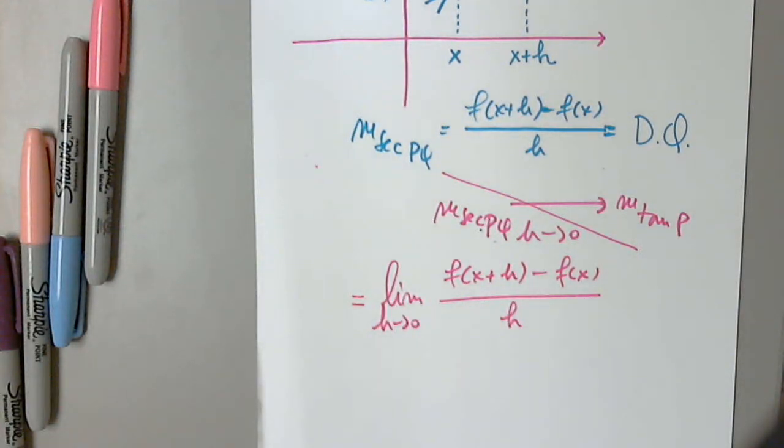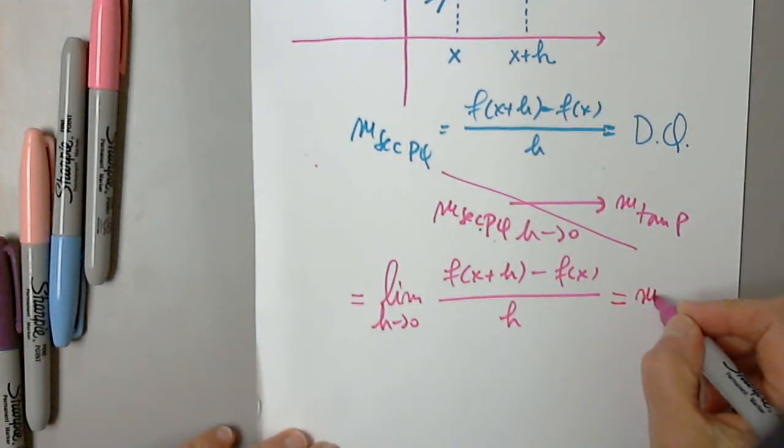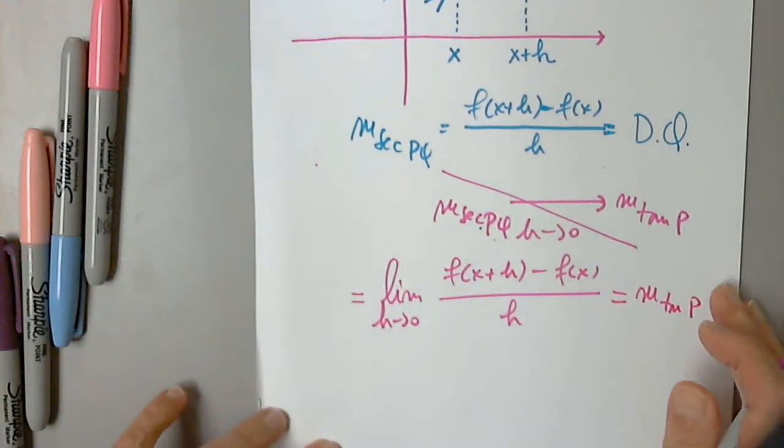So what do you think this will equal before you give me the final form? Instead of writing this, now I put the limit in front of the difference quotient. That must be the slope of the tangent line, right? As h approaches 0, meaning Q gets closer and closer to P, the limit as h approaches 0 of this is nothing else but the slope of the tangent line at P, correct? Yes. So this is definitely the slope of the tangent line at P.